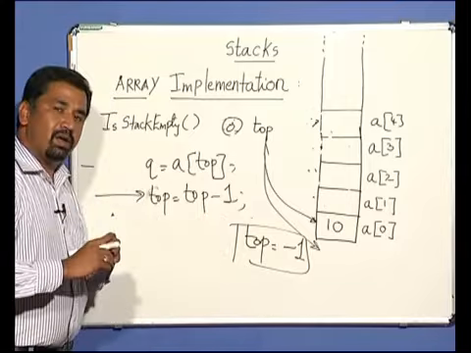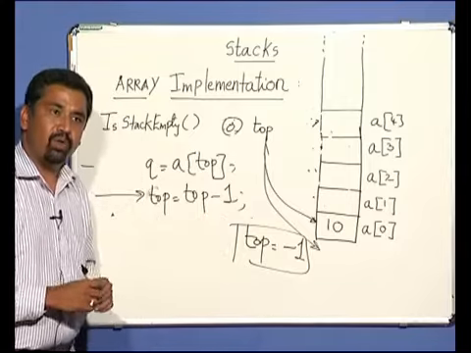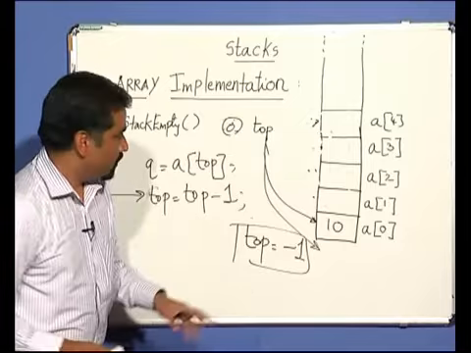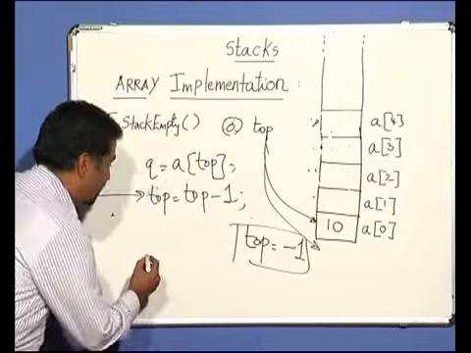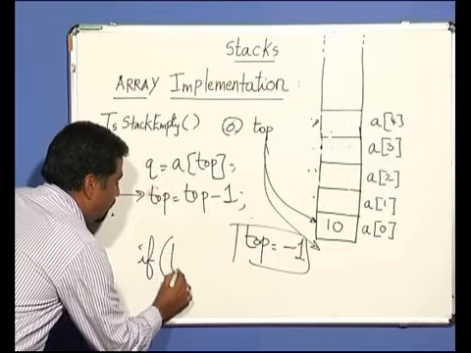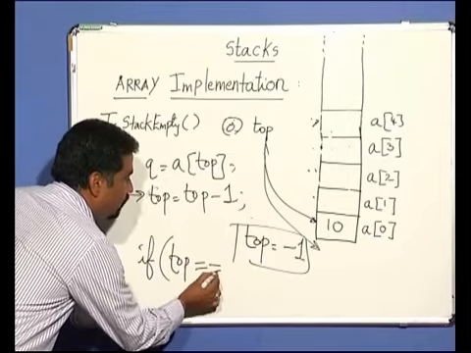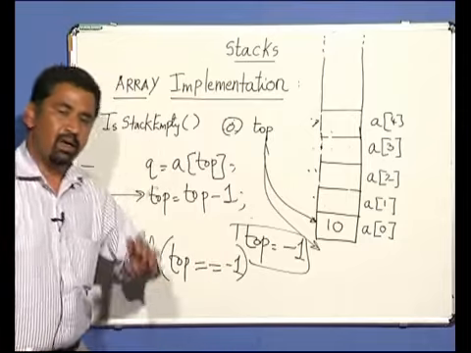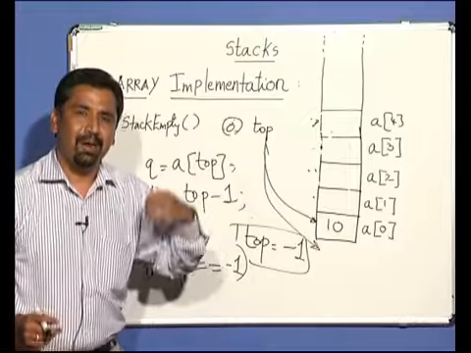So whenever in this kind of implementation you want to test whether a stack is empty or not, this is what we are going to test, something like this: if top double equal to -1. This is the kind of test you are going to make in order to find out whether the stack is empty or not.